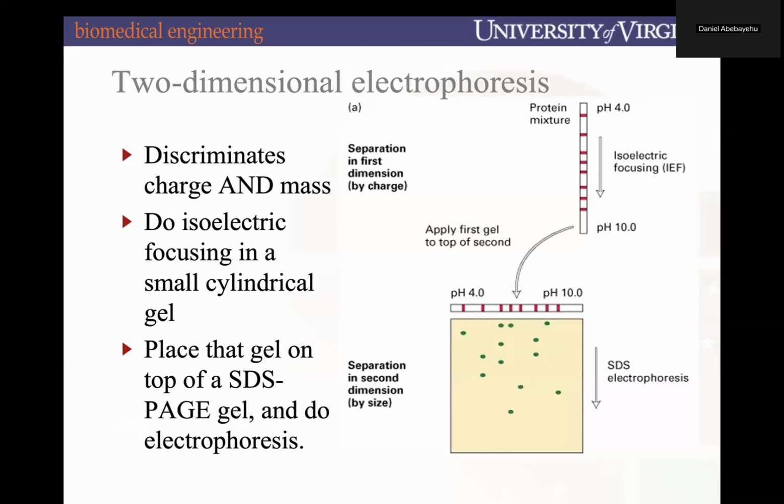So the dimensions here are: horizontally, the x-axis is separated by charge, and the y-axis is separated by mass. And so this is why it's called a two-dimensional gel.